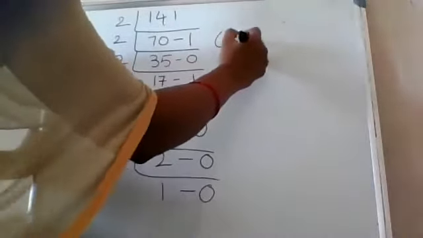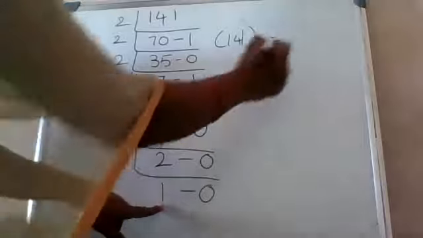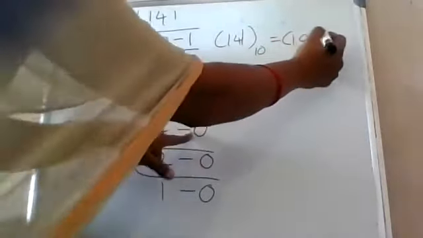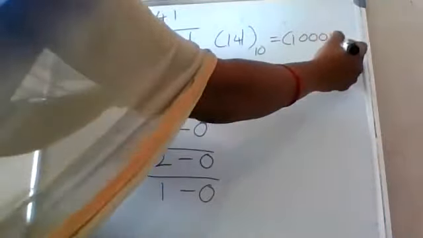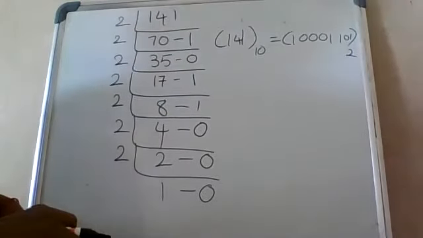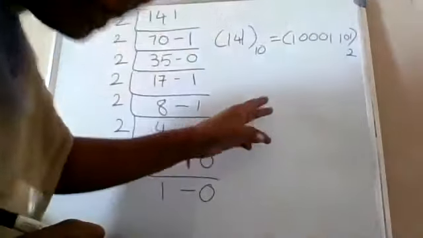So 141 base 10 equals 10001101 base 2. This is the binary conversion of the decimal number 141, decimal to binary.